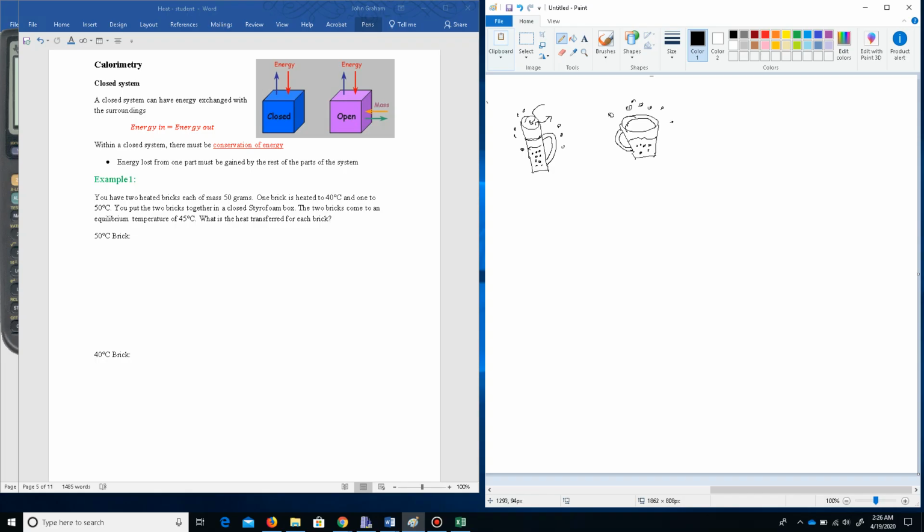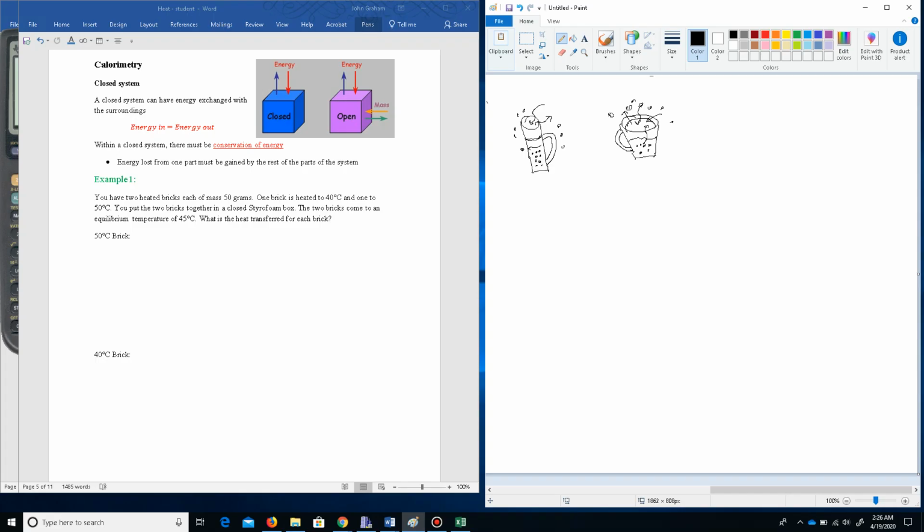Okay? Not only can you have energy go out of the cup and energy from here come in the cup, but you can have a particle go into the cup and you can have particles go out of the cup. You can have what's called exchange of mass. That's the particles themselves. They have mass, so when they leave or enter the cup, then you're having an exchange of mass. And you have an open system.